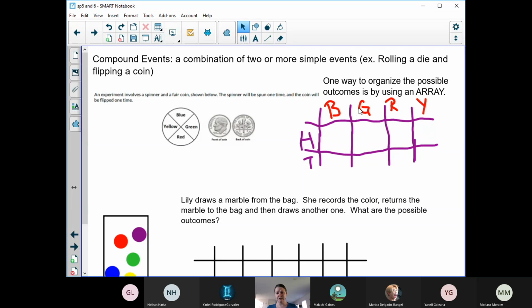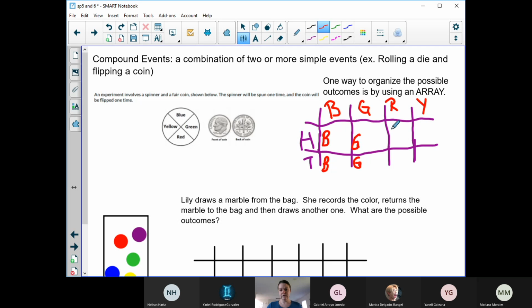So I went ahead and made the array. Across the top, I have all of the colors of my spinner. Down the side, I have heads and tails, because those are the only two possibilities with flipping the coin. I'm going to start by filling in my colors. So I could spin blue, I could spin green, I could spin red, and I could spin yellow.